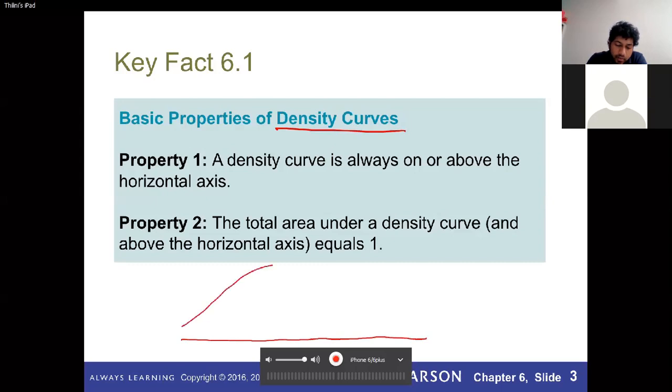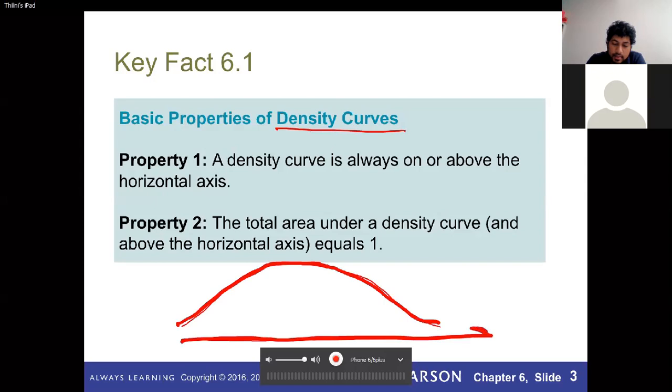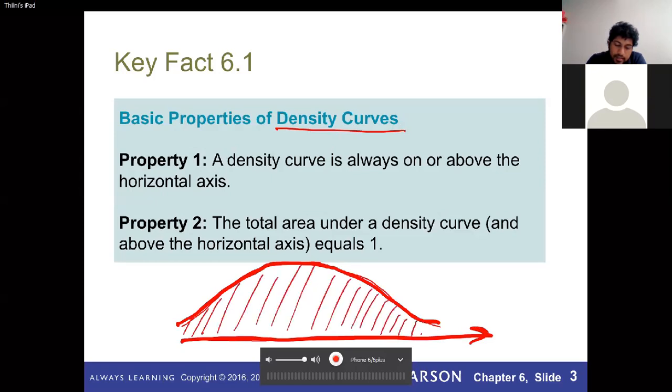So the density curve is always on or above it. This is just a rough shape of the density curve. Total area under this curve equals 1.